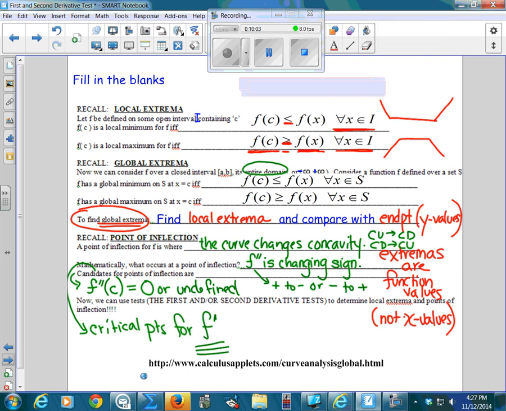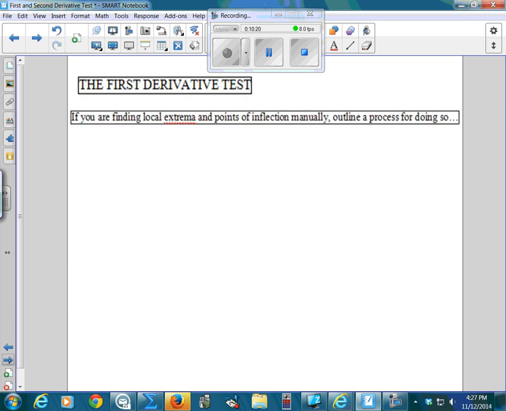You might want to pause and make sure you've got all the preliminary information because now we're going into what's called the first derivative test to determine local extrema. It should make entire sense to you. All right, so first derivative test.